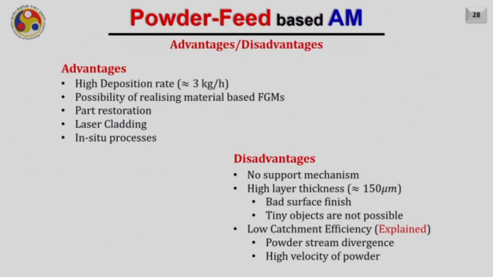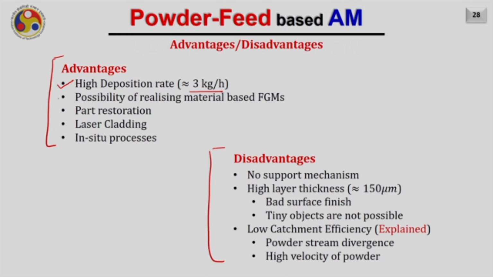So, till now we have discussed about the powder feed based additive manufacturing. Now, let us just summarize our discussion in terms of the advantages and disadvantages of the process. Of course, the first advantage of the powder feed based additive manufacturing is its capability of depositing the material with a very high deposition rate that may go up to 3 kg per hour.